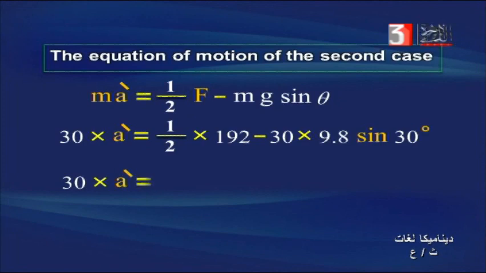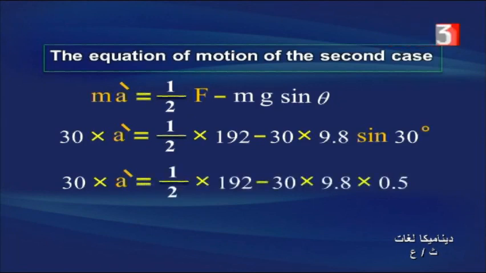Then 30 times A dash equals half times 192 minus 30 times 9.8 times 0.5. 0.5 is the value of sine 30. Then the acceleration equals negative 1.7 meter per second square.